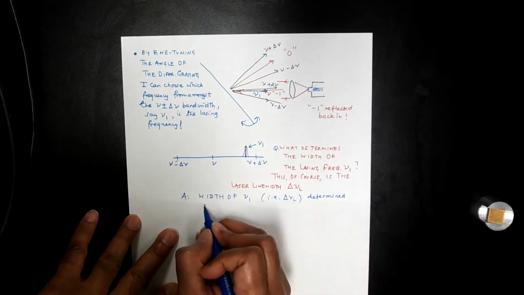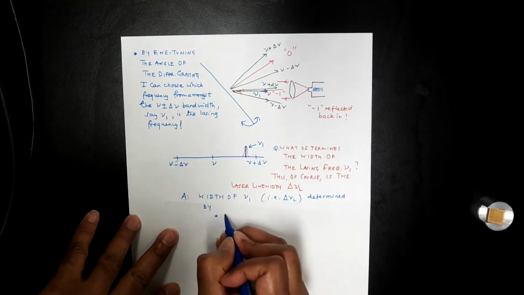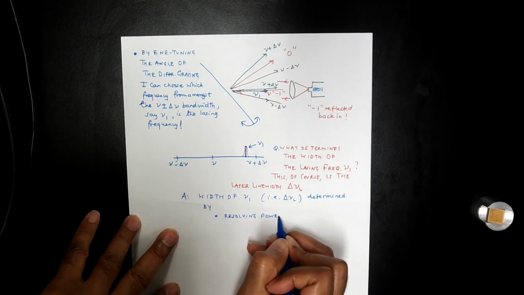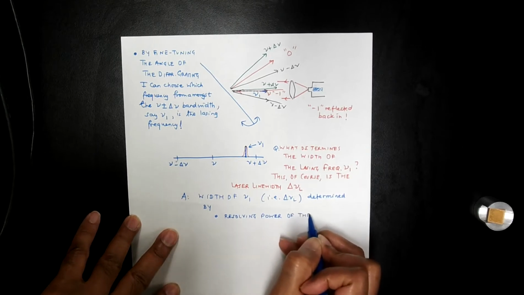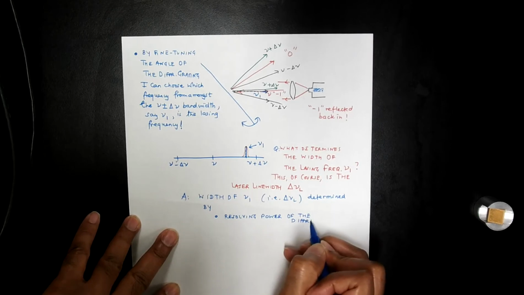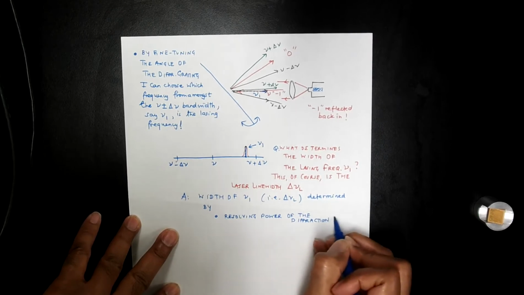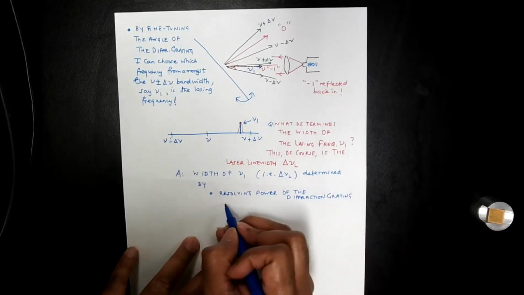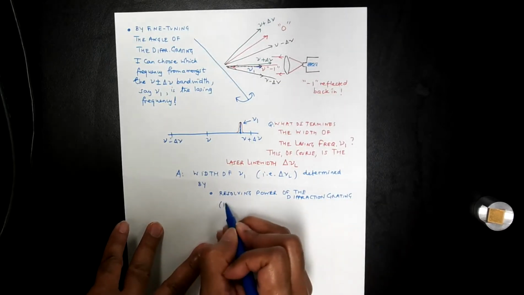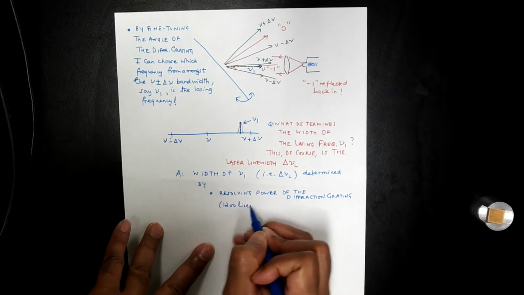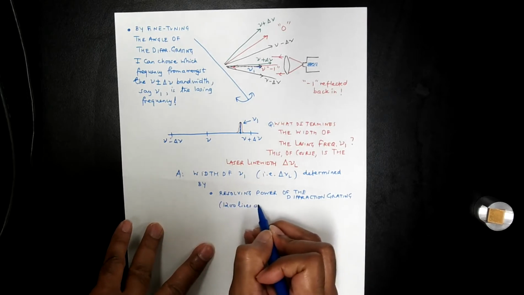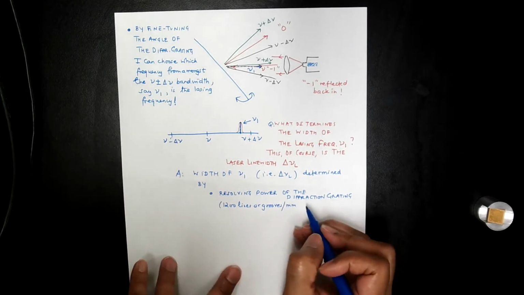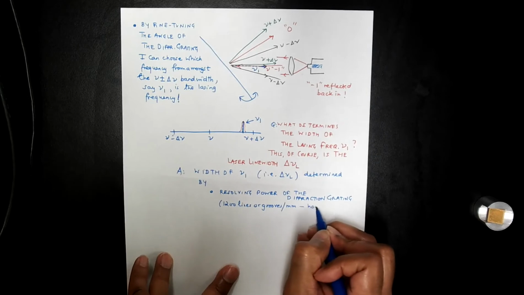Actually there are two things. First, the resolving power of the diffraction grating. So that's of course the 1200 lines or grooves per millimeter. How well do they separate out the different colors?